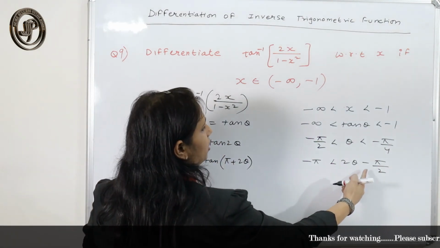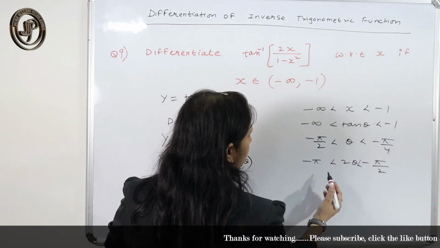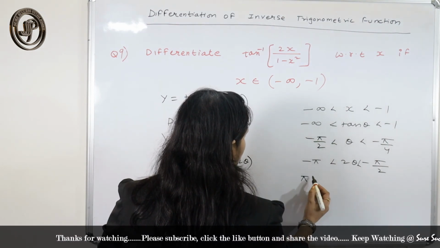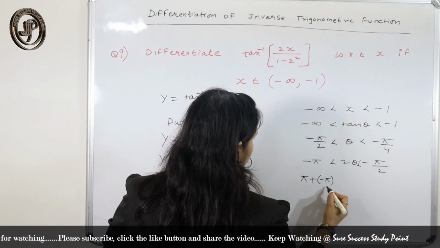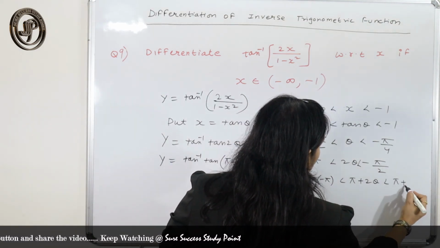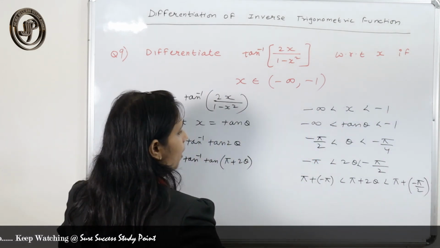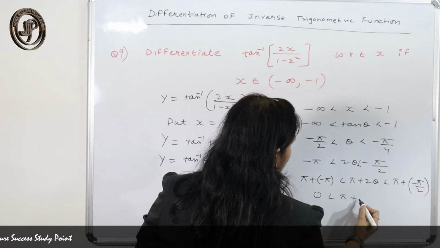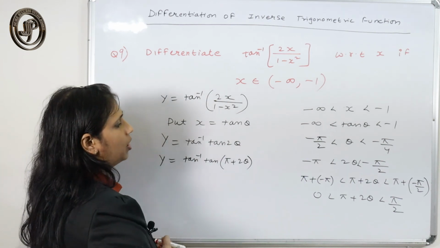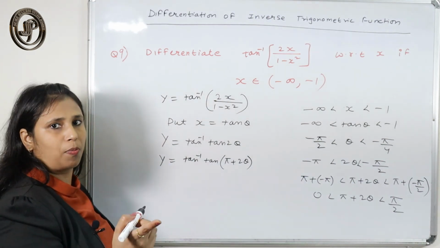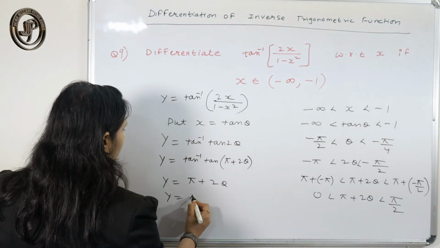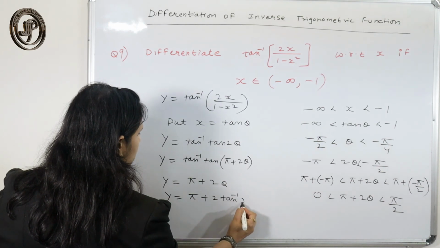Here it is pi plus, so the inequality will not change. We have to add pi to each term. Pi plus, this becomes 0, this becomes how much? Pi by 2, right? So pi plus 2 theta comes under the range of minus pi by 2 to pi by 2. Then we can write this as pi plus 2 theta, pi plus 2 tan inverse x.